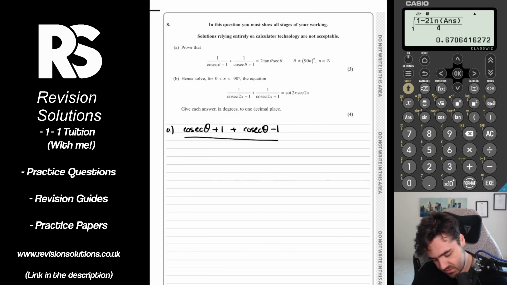So it would be cosec squared theta minus 1, because the cross terms will cancel out because of the alternating signs. So simplifying that up a little bit, on the top we get 2 cosec theta over cosec squared theta minus 1.